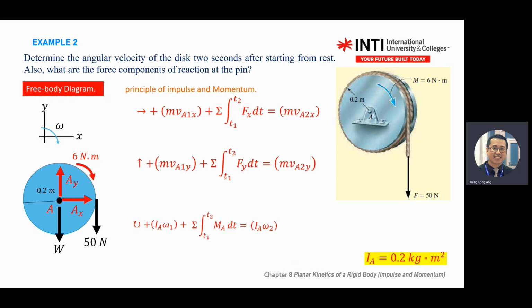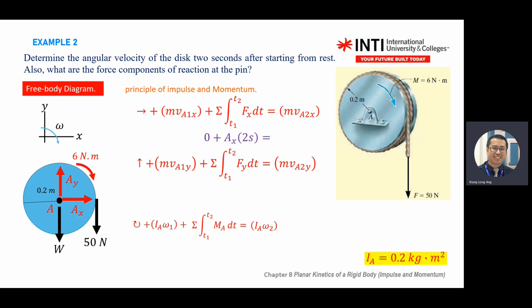And then one more for moment: I omega before plus moment multiplied by time equals I omega after. The rest you already have, you just substitute all the values. Important, I need to highlight these three equations. Basically it's two equations, but the first one you break into x and y.